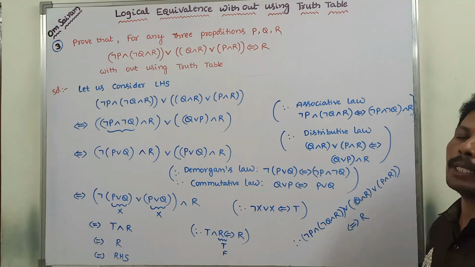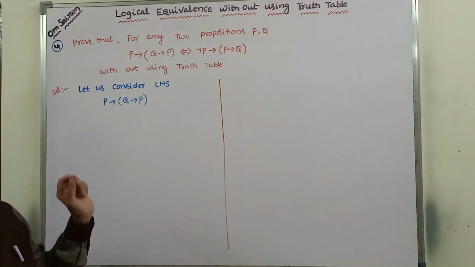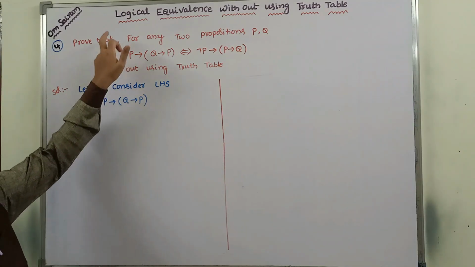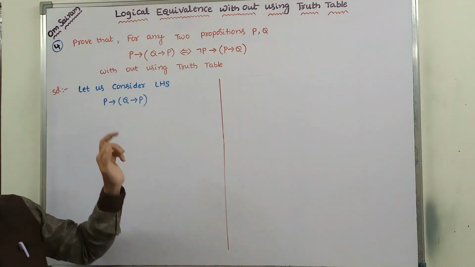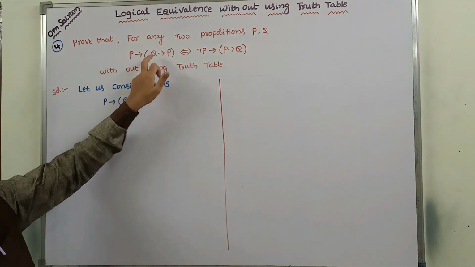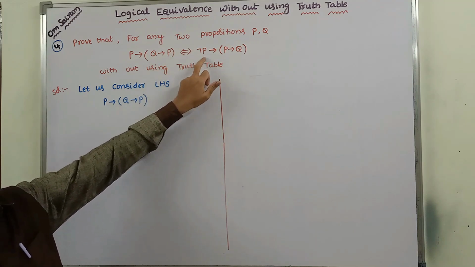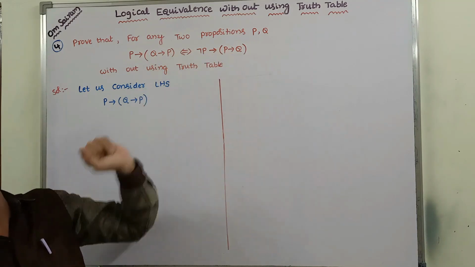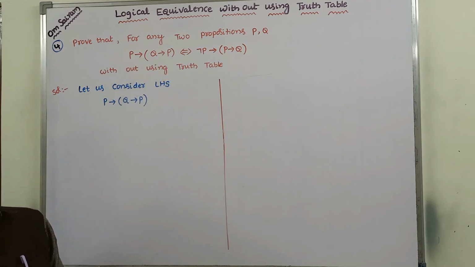Next, we can go for another example. Example problem is, prove that for any two propositions P comma Q, P conditional Q conditional P is logically equivalent to negation P conditional Q without using truth table.